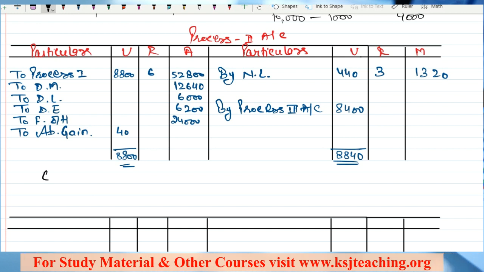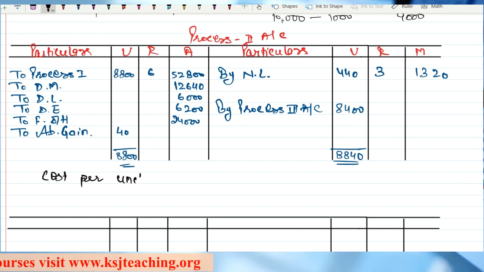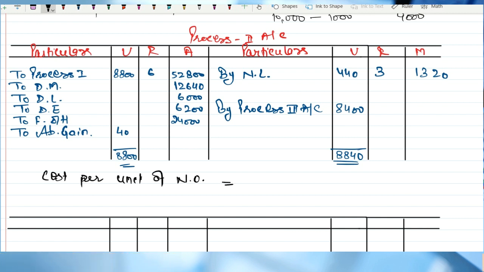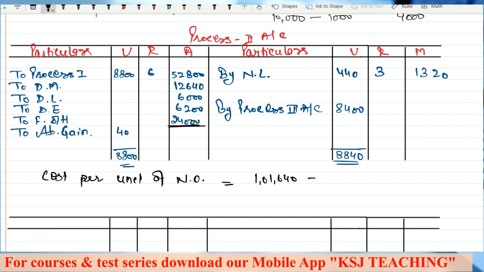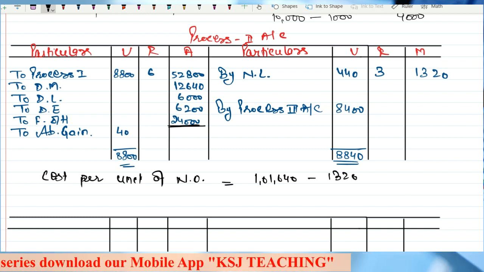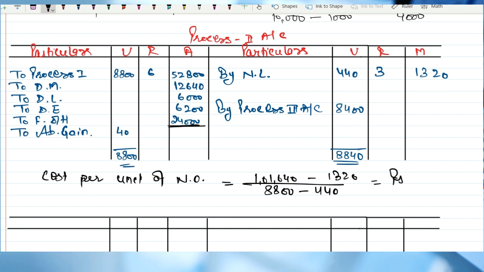Cost per unit of normal output. So this comes to whatever is the cost up till this point. It comes as 1,01,640 minus the scrap value 1320, divided by 8800 units minus 440 units, that comes to rupees 12 per unit.